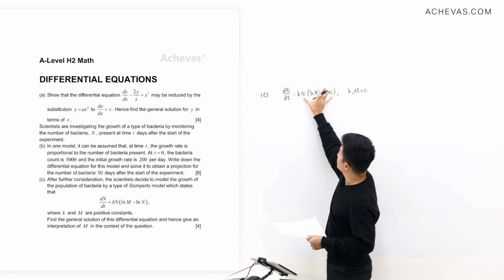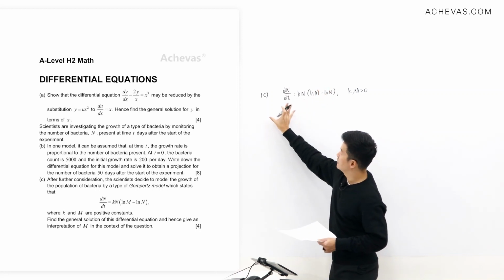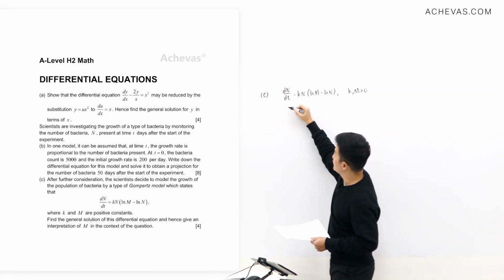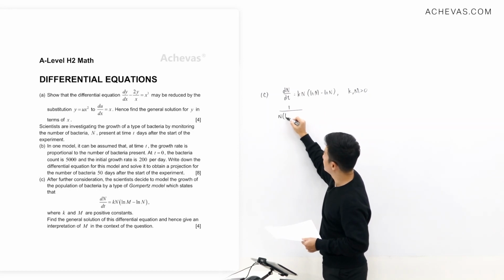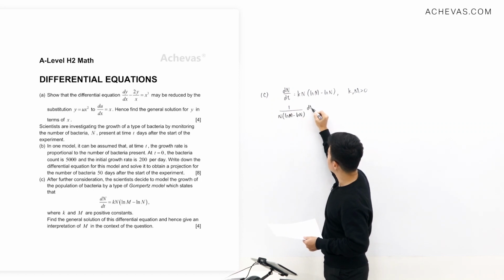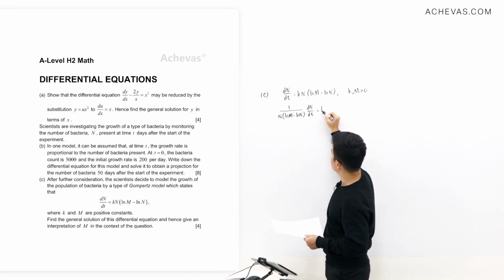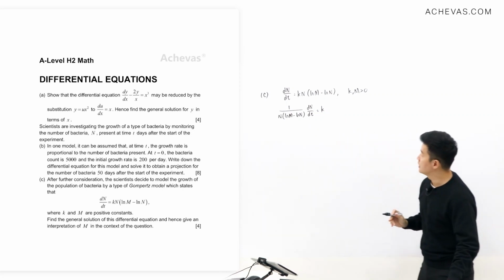So I'm going to bring this entire expression that consists of n dividing it across to the other side to give me 1 over n, then ln m minus ln n, dn/dt. This is equal to a constant k.